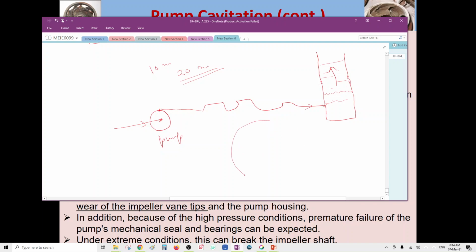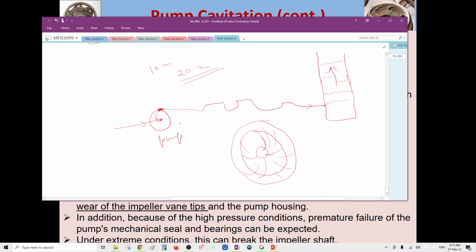As we see in the structure of the pump, this is the impeller of the pump, and the impeller has blades like this. As the fluid goes out of the impeller, because the pressure at the exit is higher, the pressure inside the pump also gets higher because of this higher back pressure.